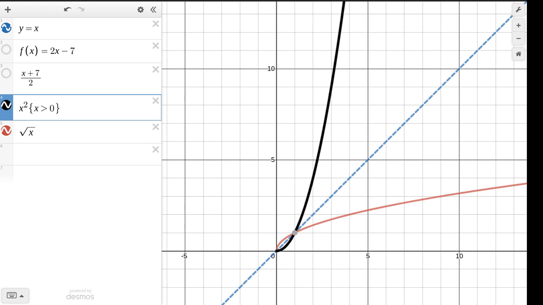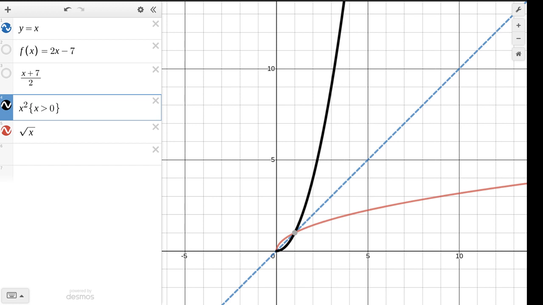We'll say f of x is 2x minus 7. So we'll find the inverse.